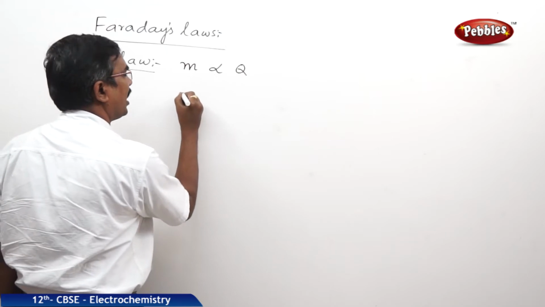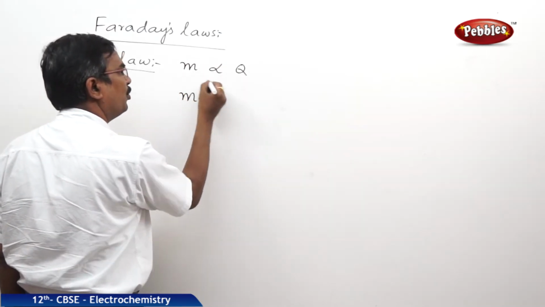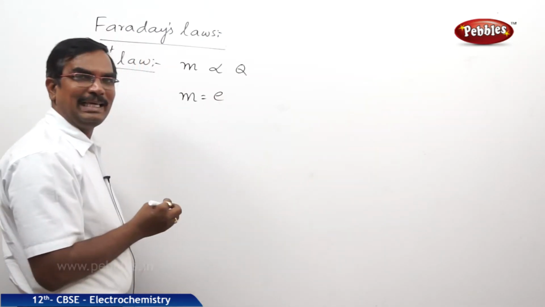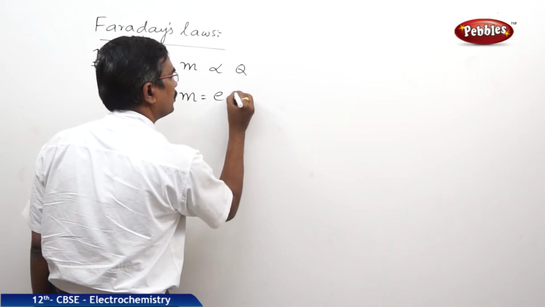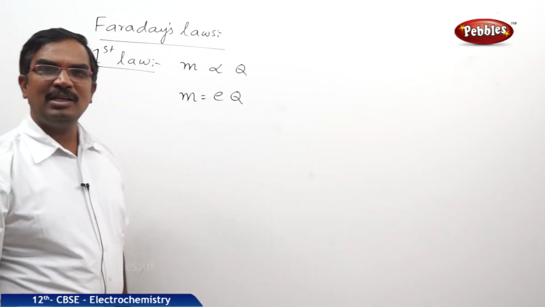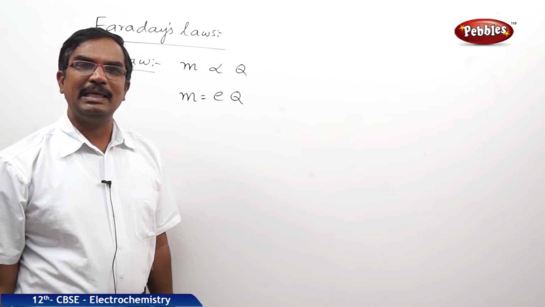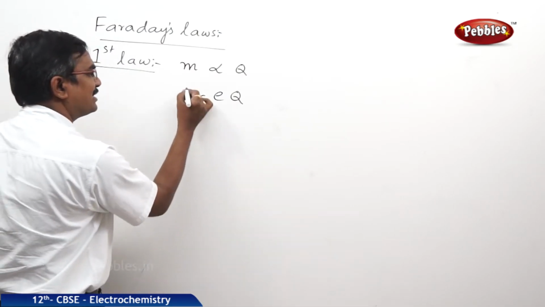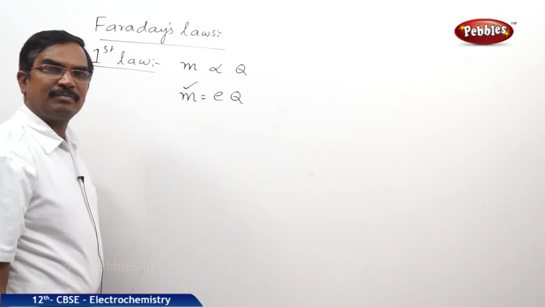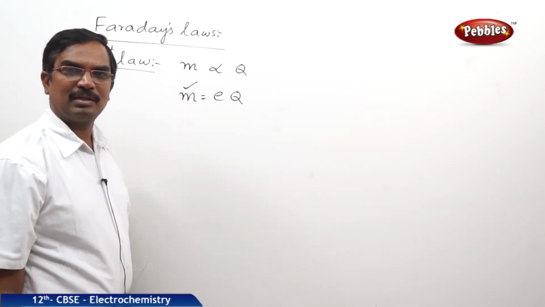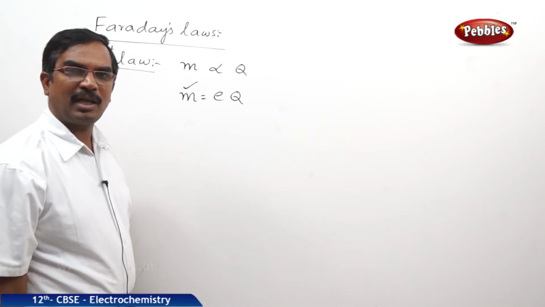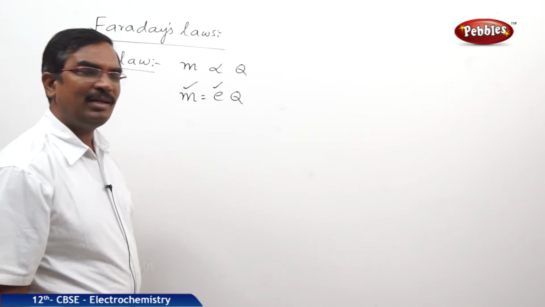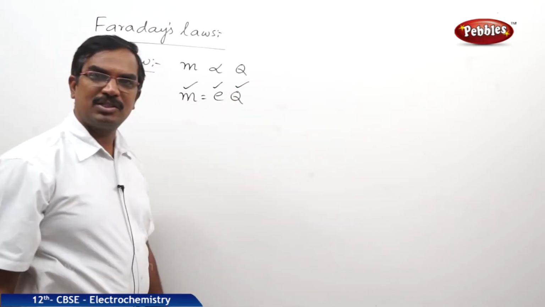In order to remove this proportionality, we multiply with a constant, which we use as small e, so M equals e into Q, where small e is called the electrochemical equivalent. M is the mass of the substance that is deposited or released at the electrode, e is the electrochemical equivalent, and Q is the charge in coulombs.